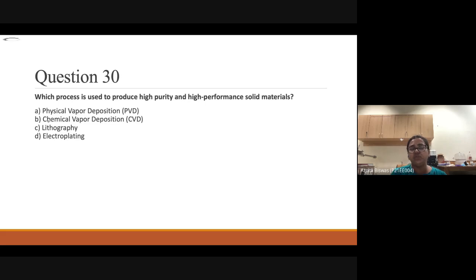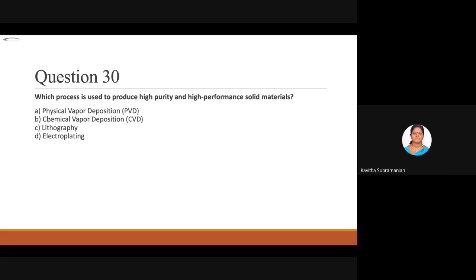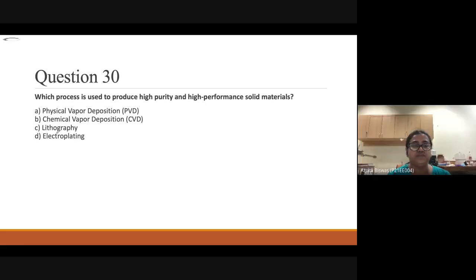When you want a pure material, a deposited pure material, in that case which process do we use?